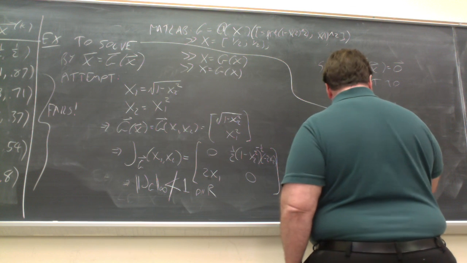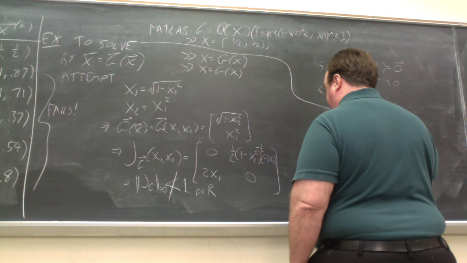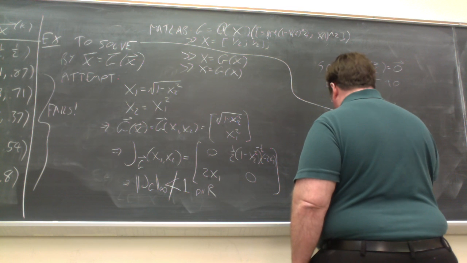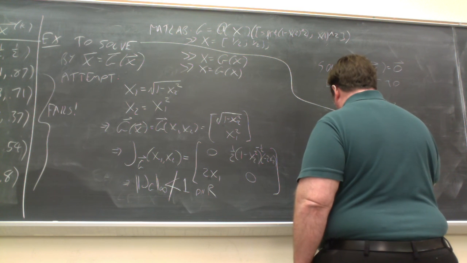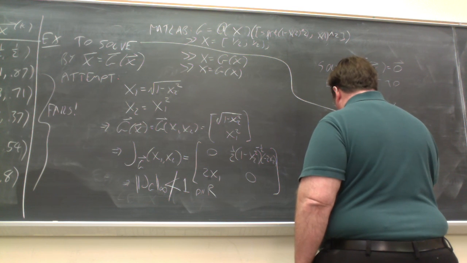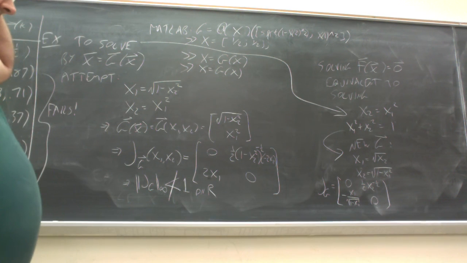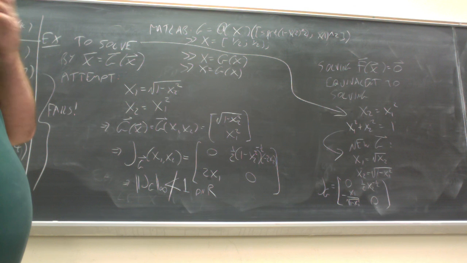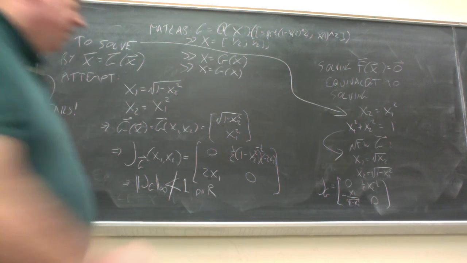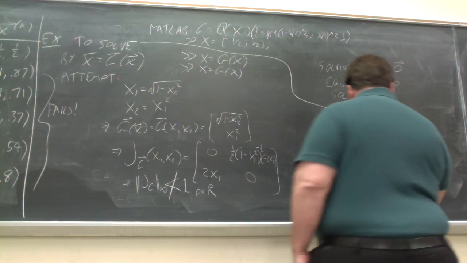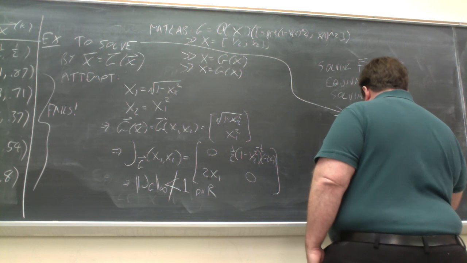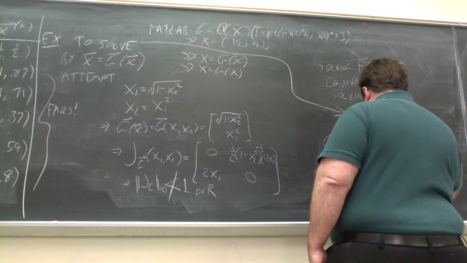And then this would be similar to the other one, it would be minus x1 over the square root of 1 minus x1 squared. Now I'm going to rewrite that as a square root: 1 over 2 square root of x2.